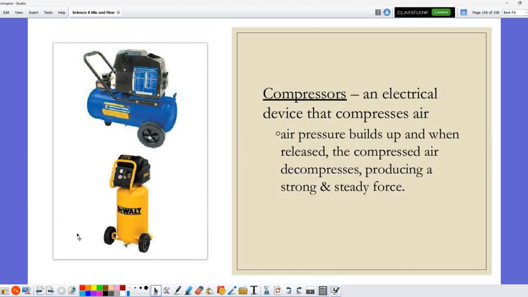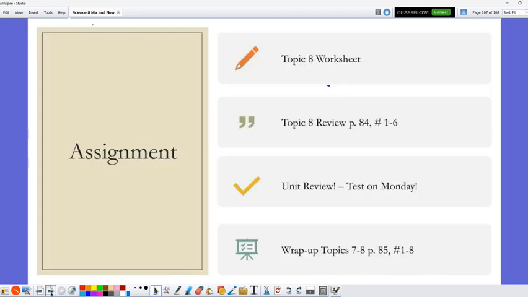You can have a smaller compressor as well, and it builds up pressure inside, and that becomes a big change in pressure, producing a strong, steady force when you open up the valve for whatever device you're using. And that is the end of this outcome and the end of this video.